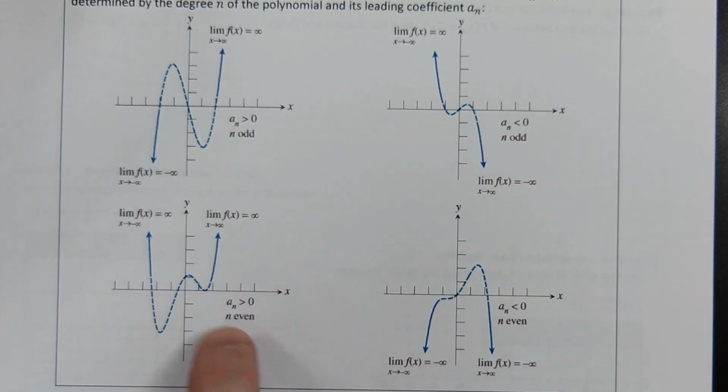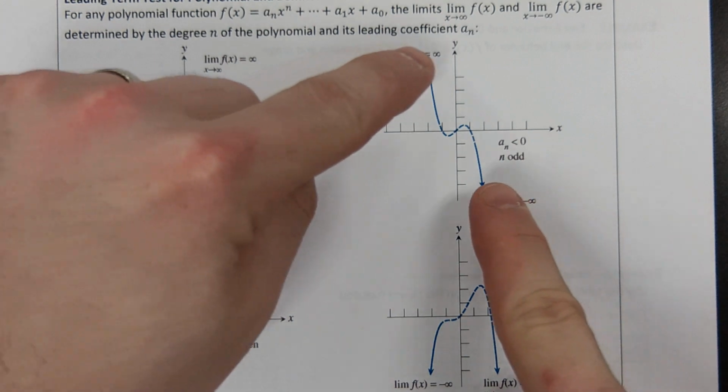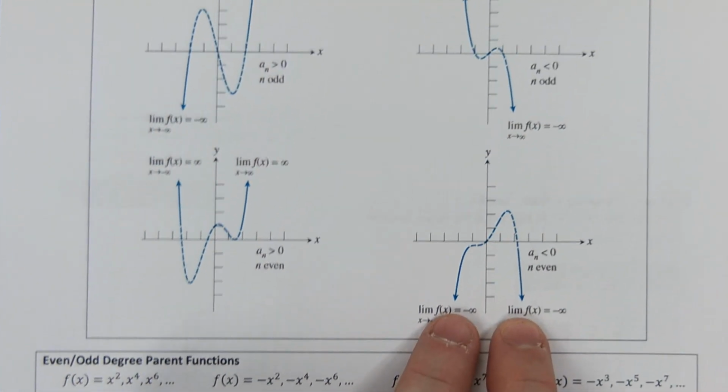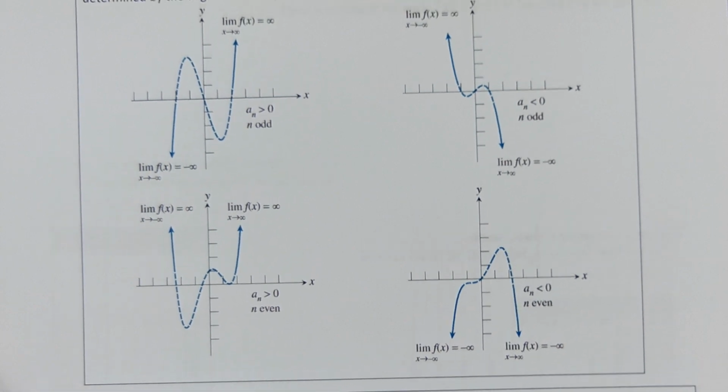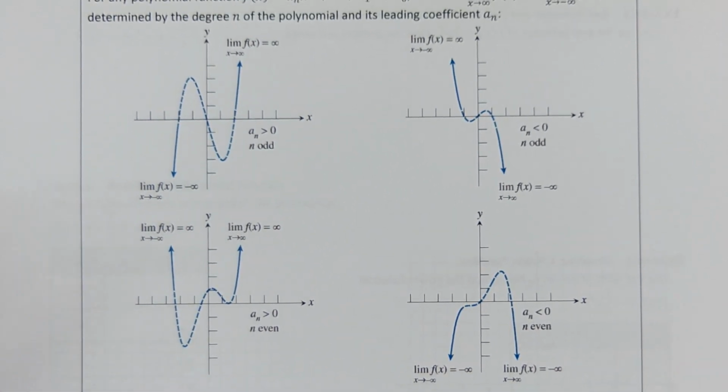The dotted line is representing a piece of the graph that we wouldn't know. I like to call it the spaghetti in the middle. Our leading term will always tell us which directions, which two directions, our endings point. And they could be going different directions or the same direction. And again, all of this is determined by that leading term. So we need to look at the leading term.